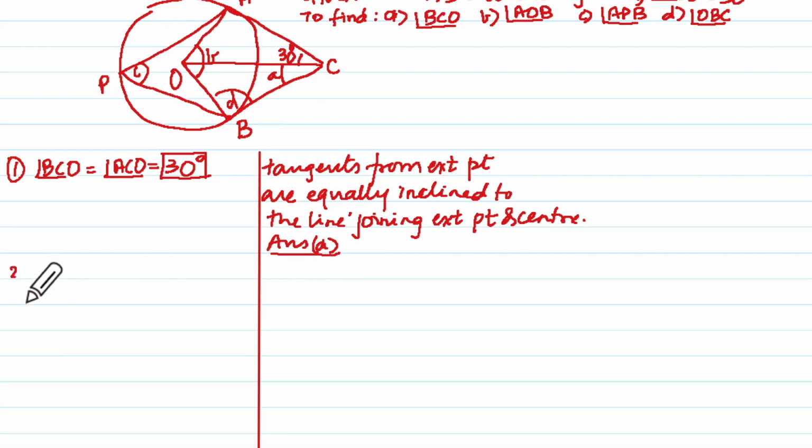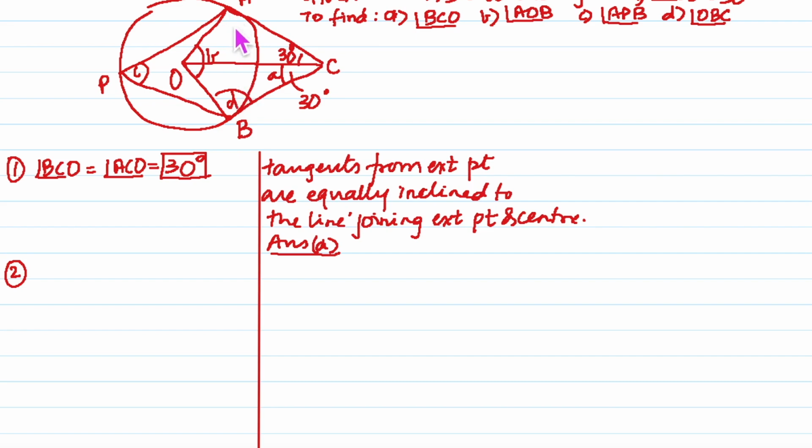We come to the second point. We have this as 30 degrees, which we found as the first answer. Now we come to B. If you look at this triangle, this is 90 degrees, 30, so this is 60. In this triangle, this is 90, this is 30, so this will be 60, and B will be 60 plus 60.